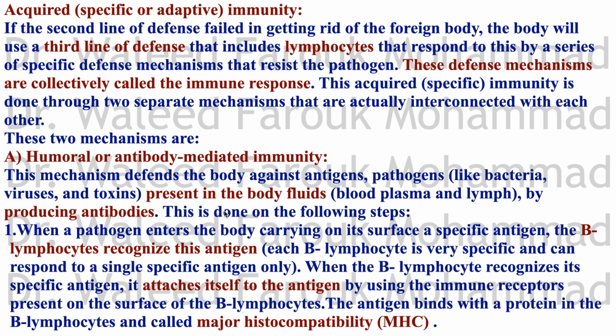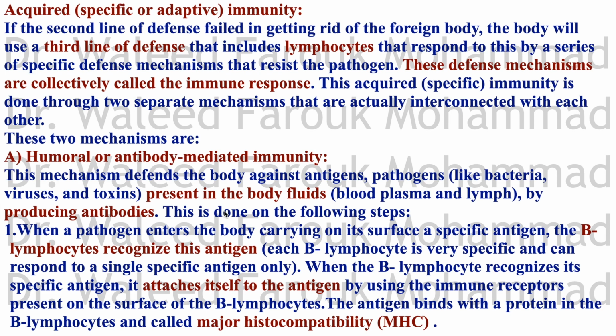Now remember, the humoral immunity involves B lymphocytes, while cell-mediated immunity, which we will discuss, involves T lymphocytes. B lymphocytes recognize the antigen and attach to it, and the B lymphocytes have immune receptors present on the surface.